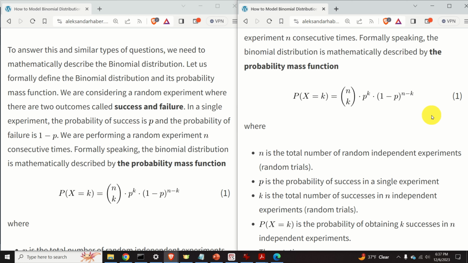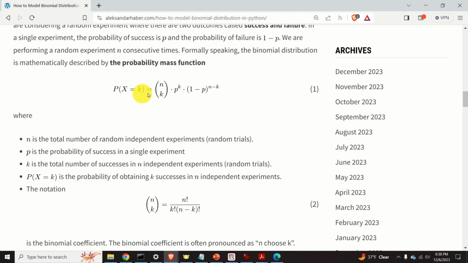Let's explain this important equation. In this equation, n is the total number of random independent experiments that are also called random trials. p is the probability of success in a single experiment. k is the total number of successes in n independent experiments or random trials.